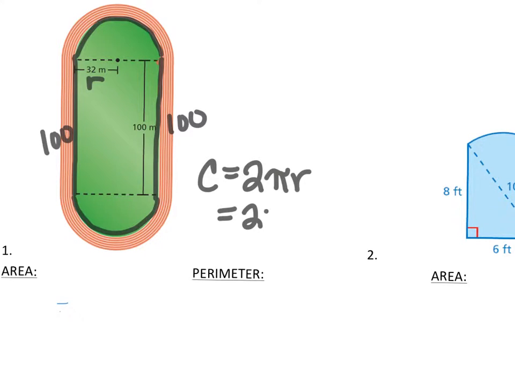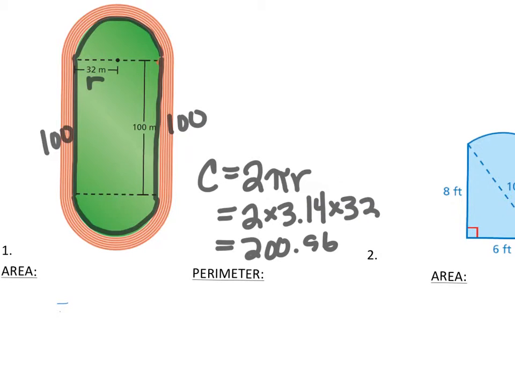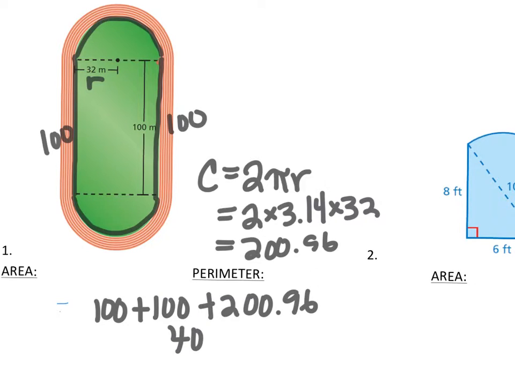So I'll do 2 times 3.14 times 32, which gives me a total of 200.96. So now I'll find my perimeter. 100 plus 100 plus 200.96 is 400.96. So the perimeter is 496.96 meters.